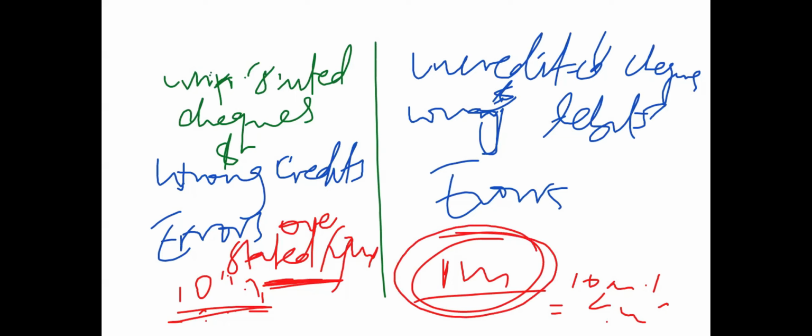But now it may happen that, for instance, if the bank commits an error and we analyze the error very well and we realize that the error has the effect of reducing the account balance, then that error will be corrected together with this thing.